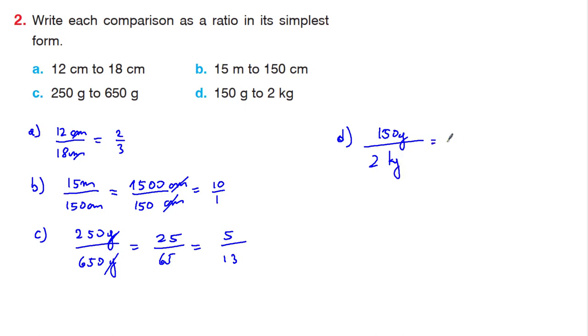Again, let's convert 2 kilograms into grams. 150 grams to 2,000 grams. Grams and grams are cancelled, and we get 15/200. We can divide both by 5, so you'll get 3/40.